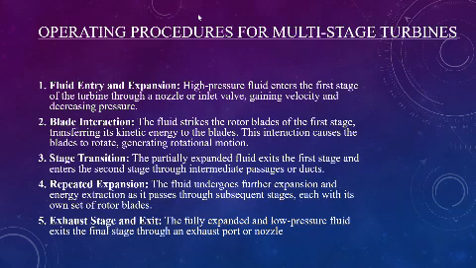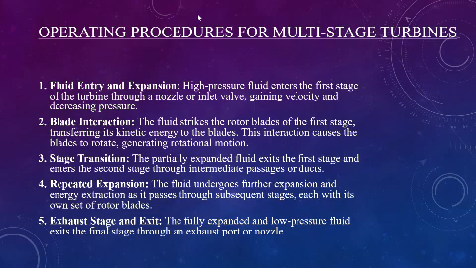The rotor blade will extract energy, which will be converted to kinetic energy. The kinetic energy will be transferred to the blade so it starts to rotate, generating rotational motion.